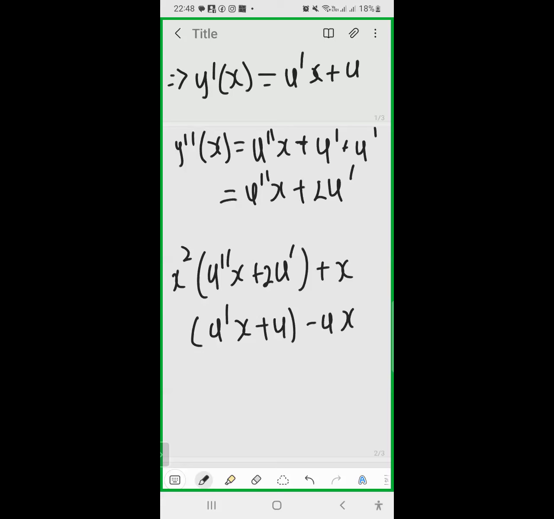And then this is going to be equal to x squared plus 1.